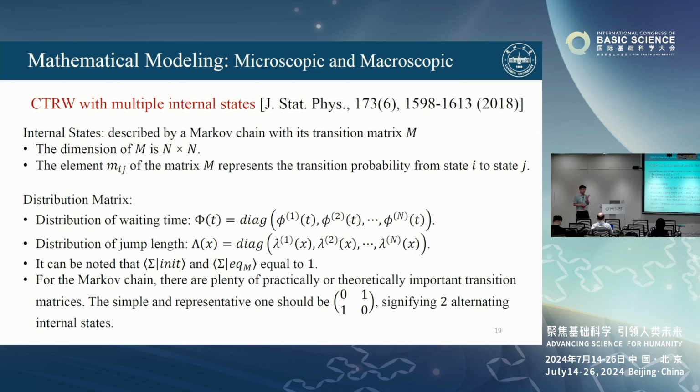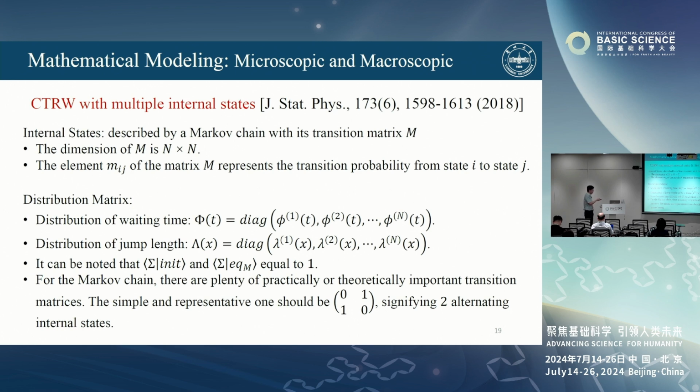For the choice, we use a Markov chain to describe it, so it has a probability to enter a specific probability distribution. Then the random variable can be generated by randomly choosing the distribution, and you get a random variable for the jump lengths, basically the multiple internal states.